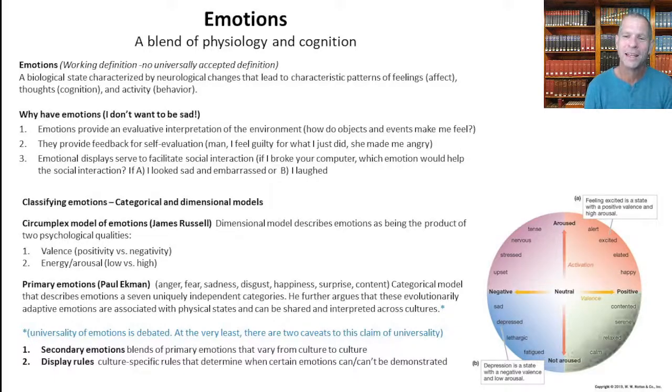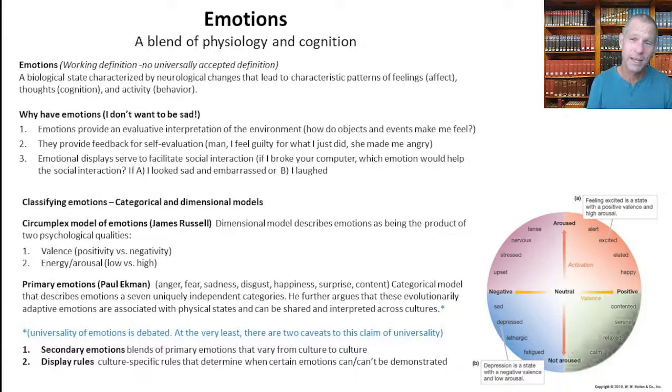He said, let's think of emotions as being composed of affect, positivity or negativity towards a stimulus, and the amount of energy that stimulus causes in us. Does it make us very, very aroused and create a sympathetic nervous response, or does it create a parasympathetic nervous response and make us relaxed or not aroused?